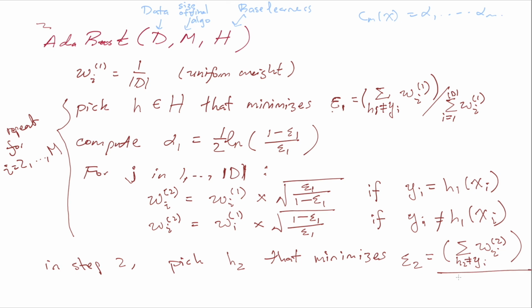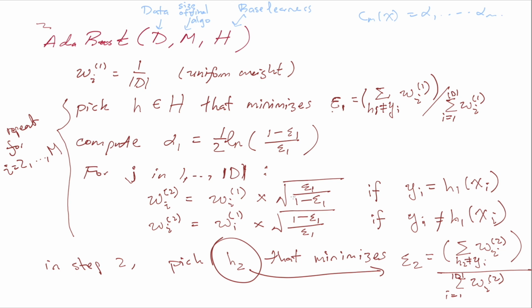And this should be over the sum of the weights. So the point is that h2 is being trained on a weighted loss function, where the weights care more about the mistakes of the previous learner.